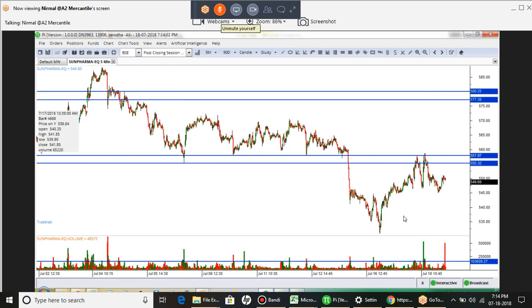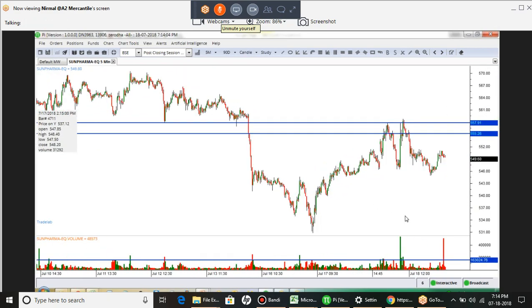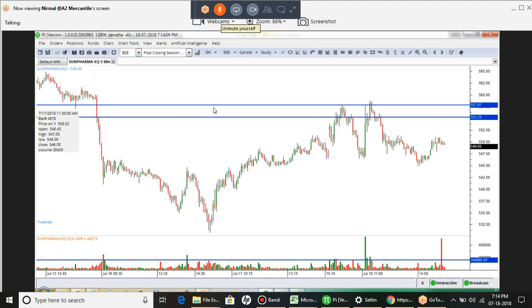Do you see? This is what happened. The levels that we were talking about, based on that breakout, are also holding, and it is showing us a bearish trend.